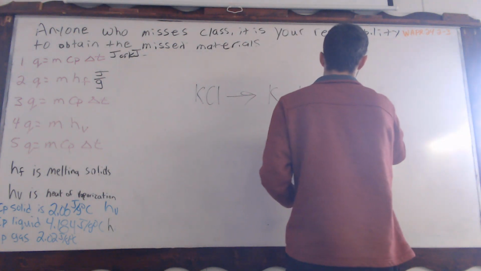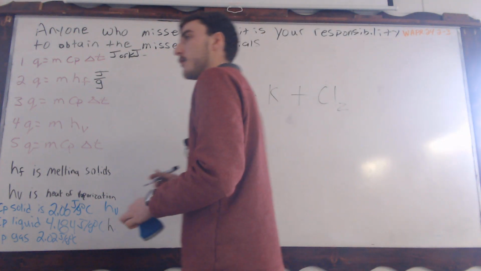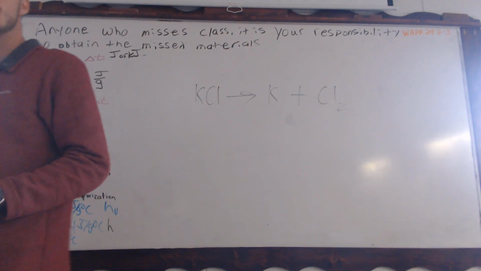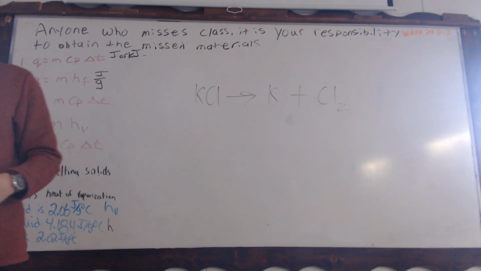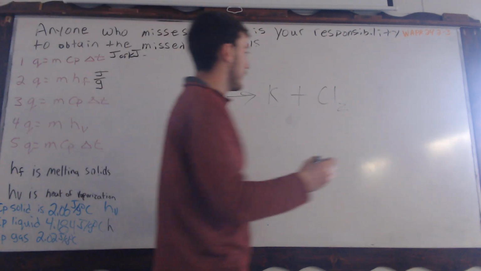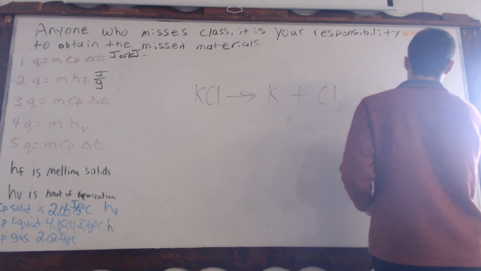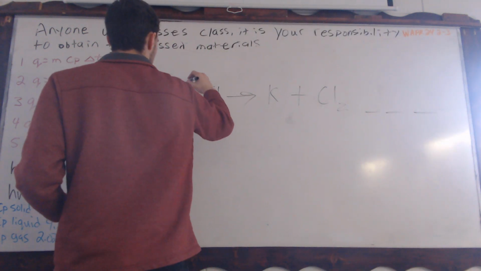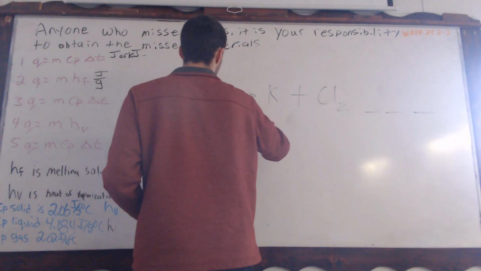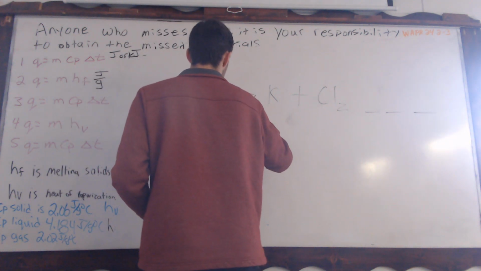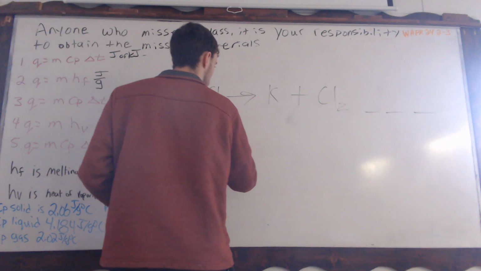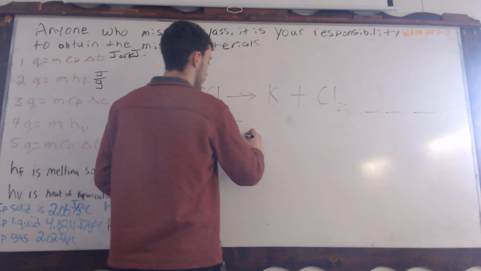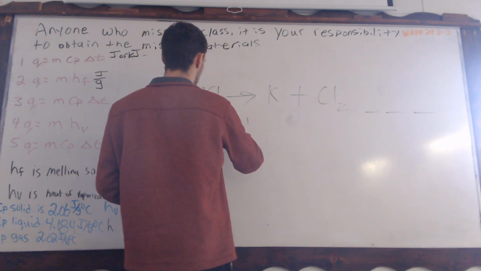That's right. So let's say I put KCl. I've got 2 over here. I've got 1, 1, 1.